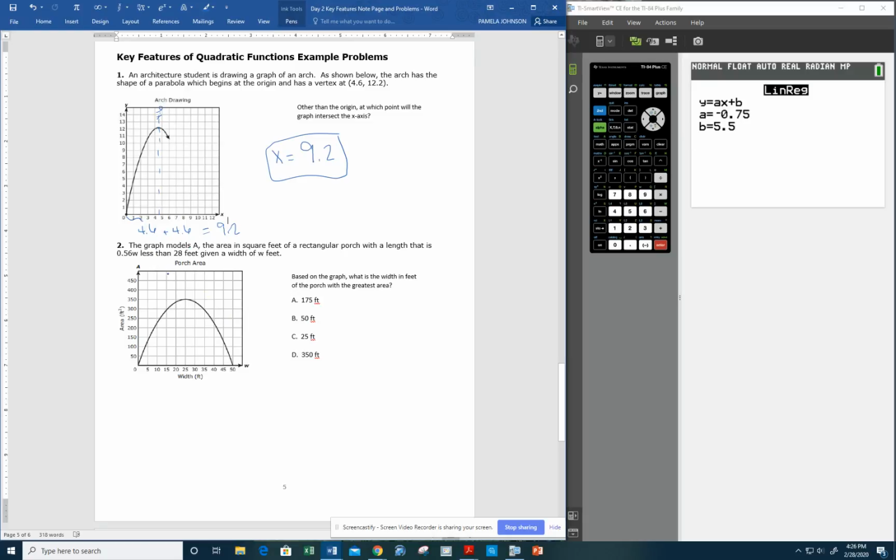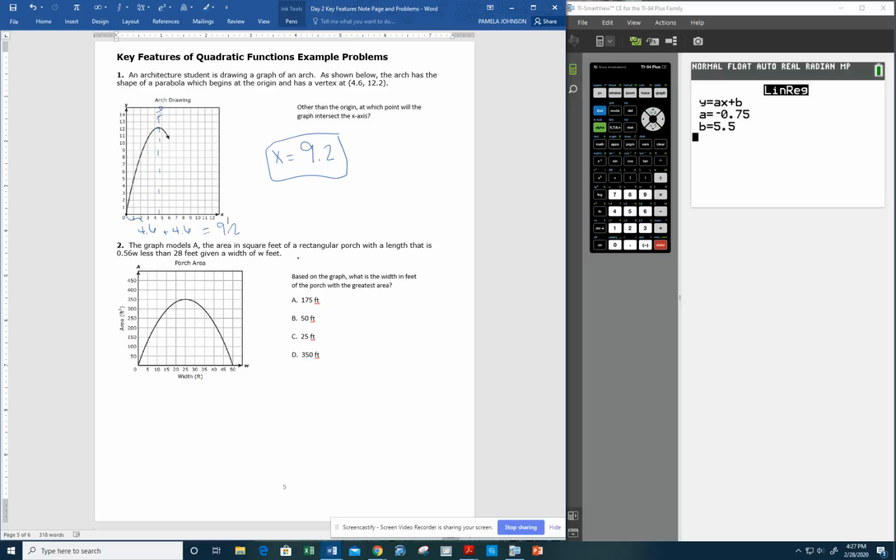Number 2, the graph models A, the area in square feet of a rectangular porch with a length that is 0.56 W less than 28 feet when given a width of W feet. You don't have to write an equation. The question actually asks, based on the graph, what is the width in feet of the porch with the greatest area?